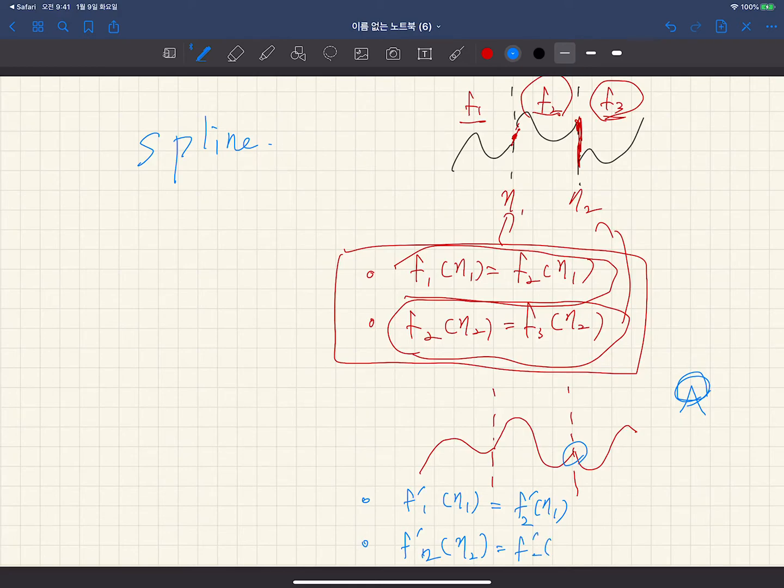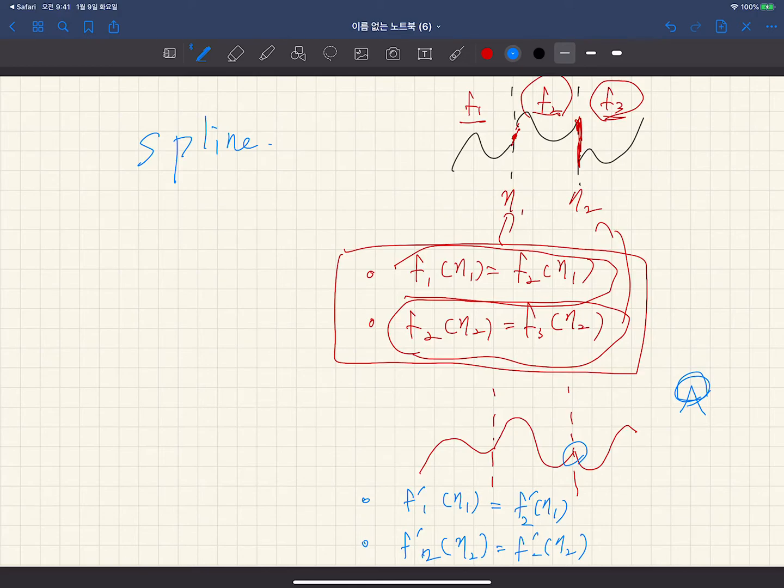Basically, we introduce an additional constraint to each boundary point so that the first derivative is also continuous. What about the second derivative? Well, in general, the second derivative is also usually very smooth.